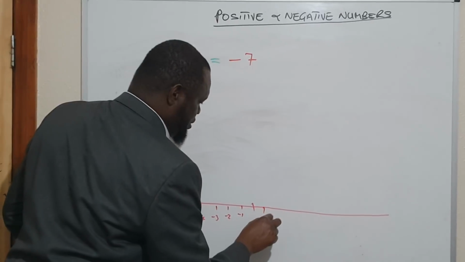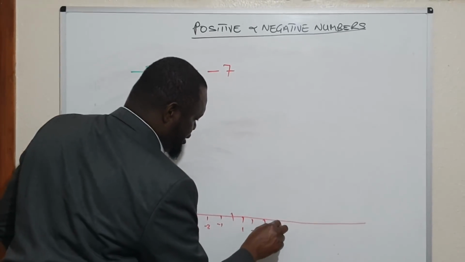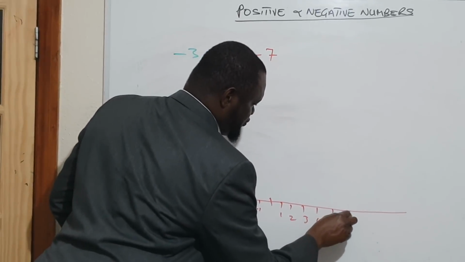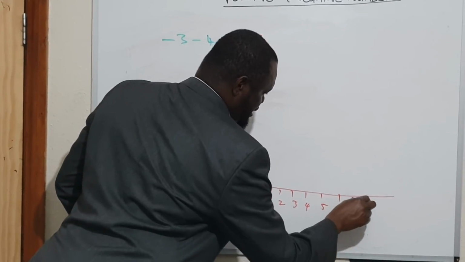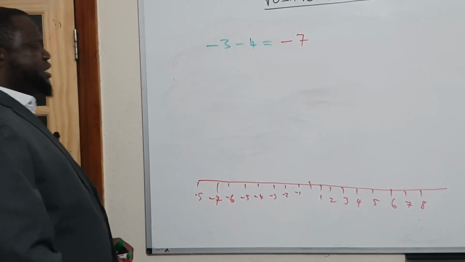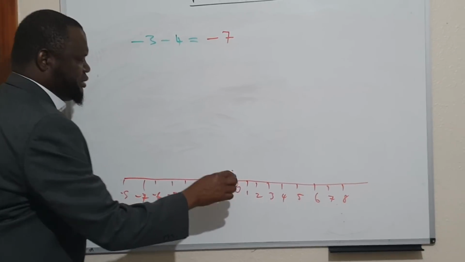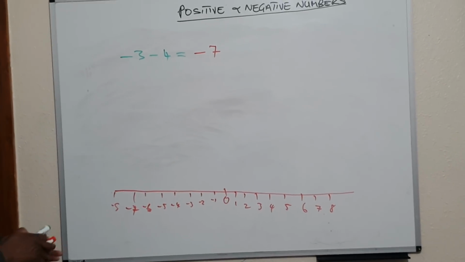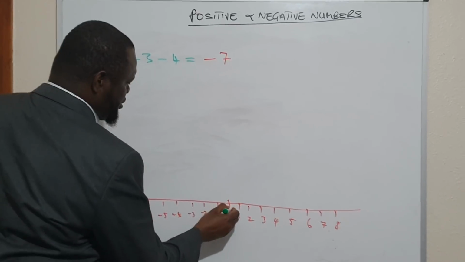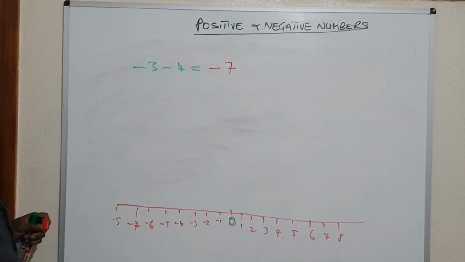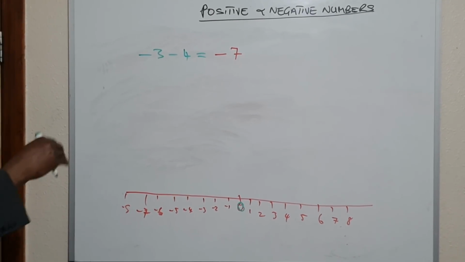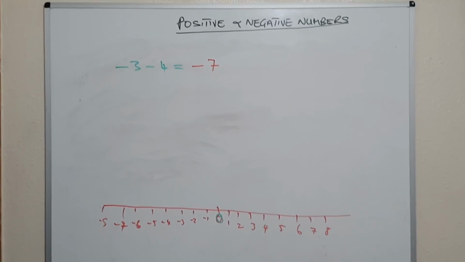And the middle is always 0, because minus means below 0.